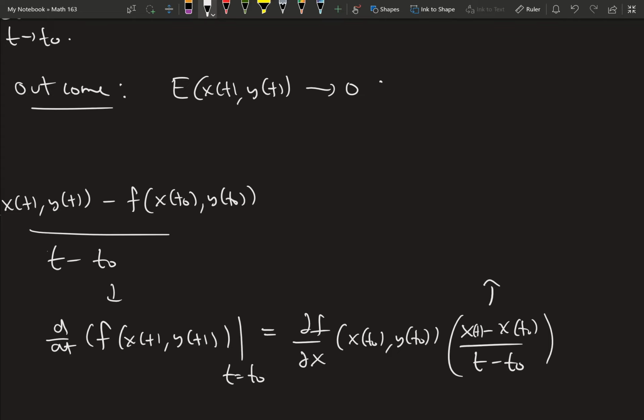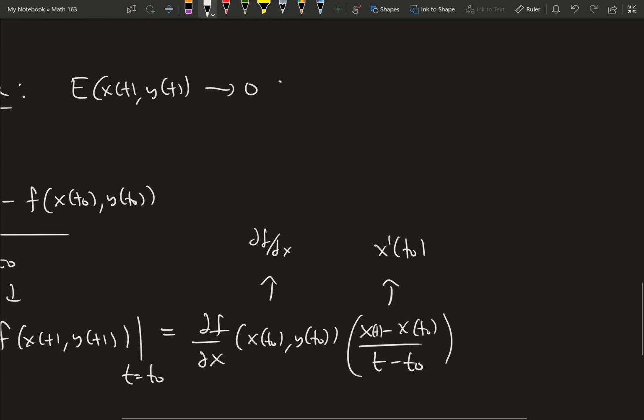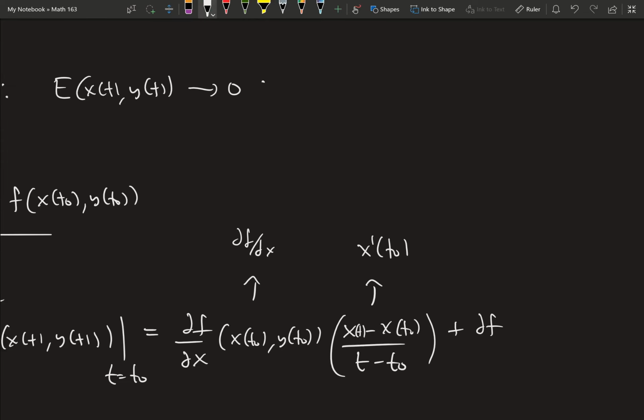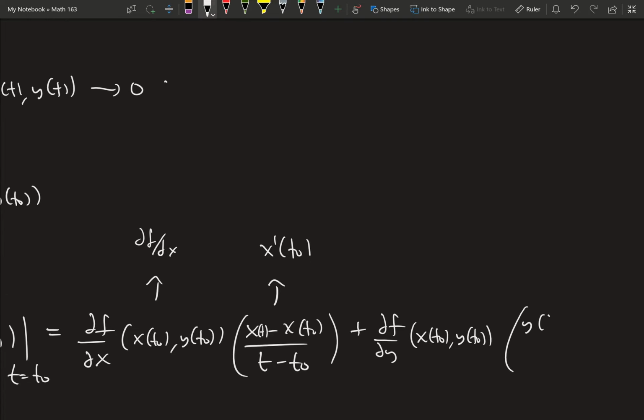This piece ends up being x prime of t naught. This piece is, of course, the del f del x term. And the next term is the del f del y term at x of t naught, y of t naught, and then you have y of t minus y of t naught divided by t minus t naught.